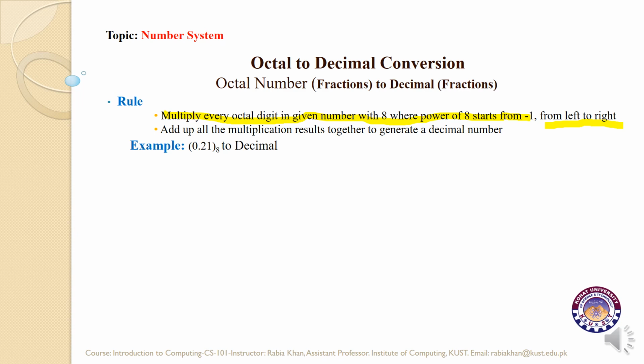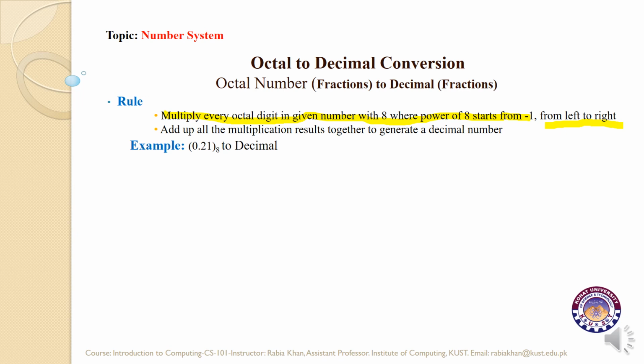In previous slides, we converted whole octal numbers to decimal numbers, and in that we multiplied every digit with 8, but the power of 8 starts from 0, and the multiplication process moves on from right to left. But now for the fractional part, we need to multiply every digit with 8, but the power of 8 starts with -1.